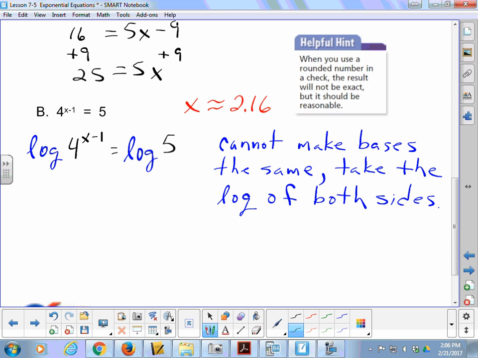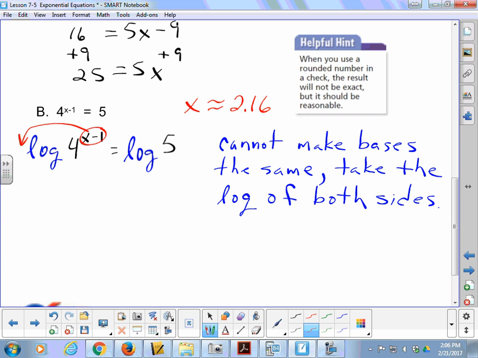So now we're going to use that power rule that we've done, and we're going to take that x minus 1, because when it's in this form, 4 to the x minus 1 equals 5, we have no way to get the x minus 1 out of the exponent from anything we've done before. But if we take the log of both sides, now I can use the properties of logarithms, which say I can take the exponent and move it to the front.